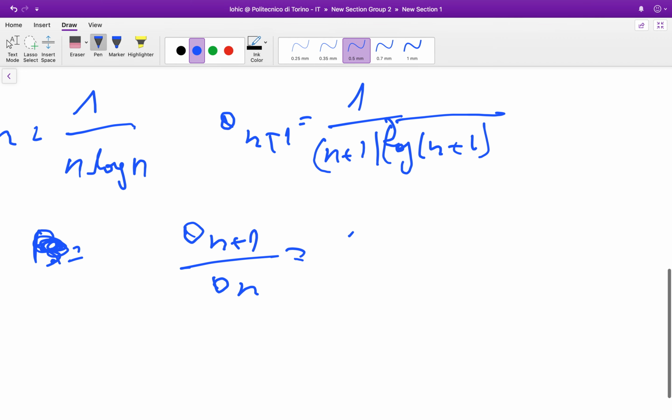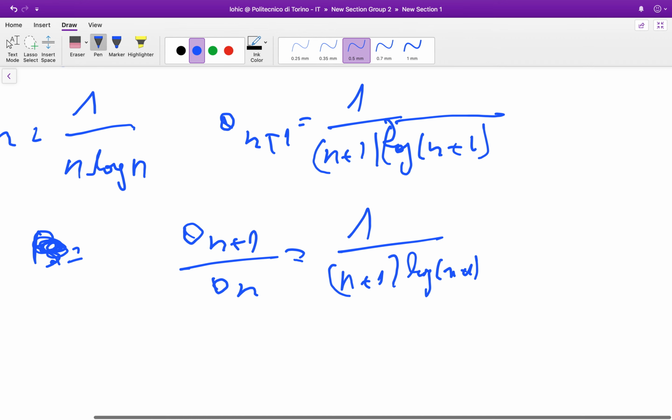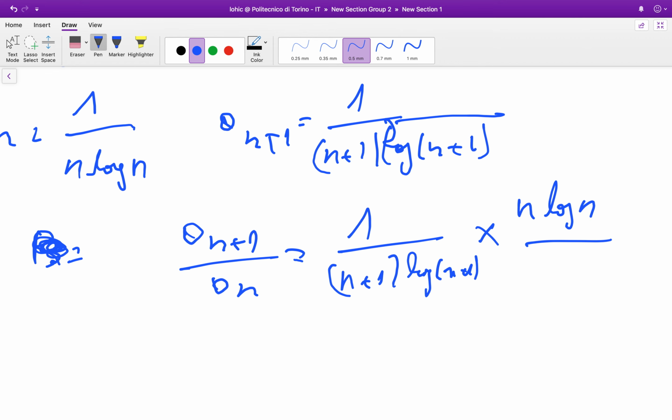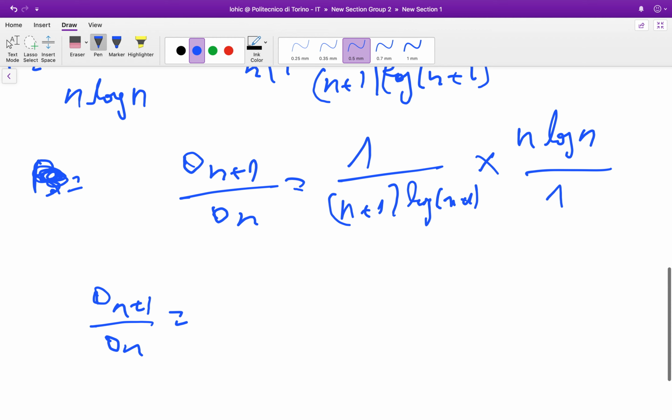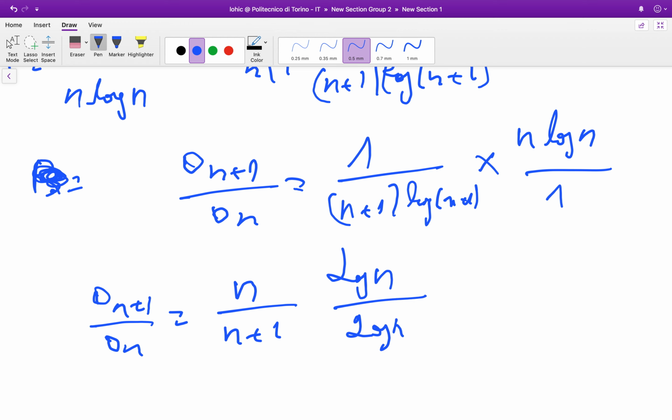It will have an plus 1, which is 1 over n plus 1 multiplied by the logarithm of n plus 1, divided by an, meaning multiply by n log n over 1. So at the end, an plus 1 over an gives us n over n plus 1 multiplied by the logarithm of n over the logarithm of n plus 1.